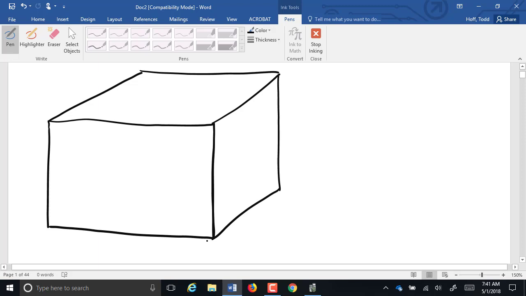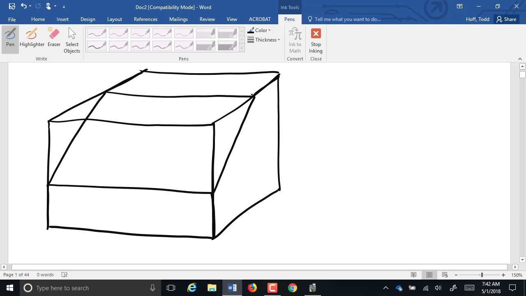So we're starting with our block. And as we mentioned yesterday, what we're going to do is we're going to cut it here at a bevel. So we're going to cut that bevel off like that.